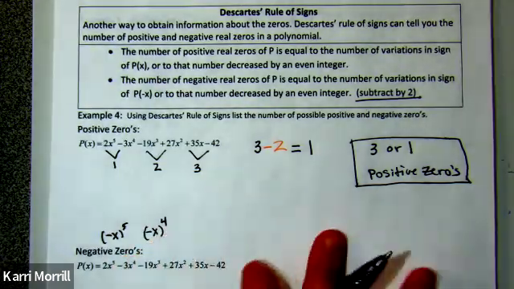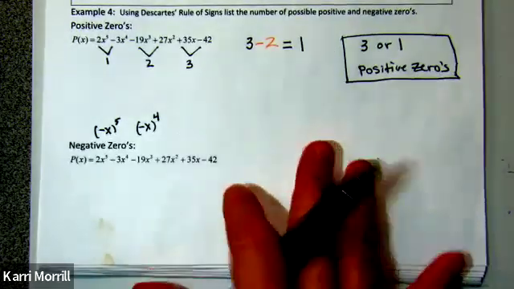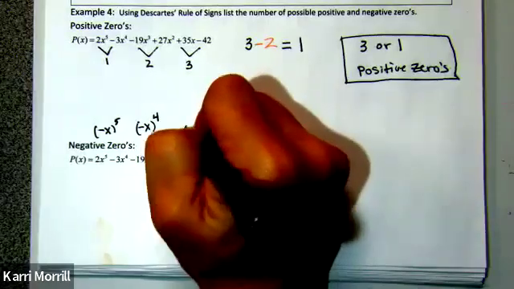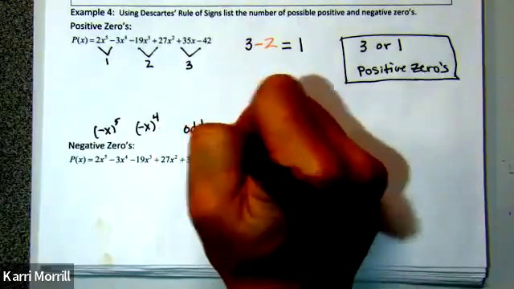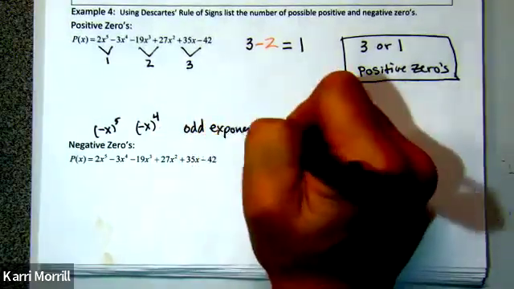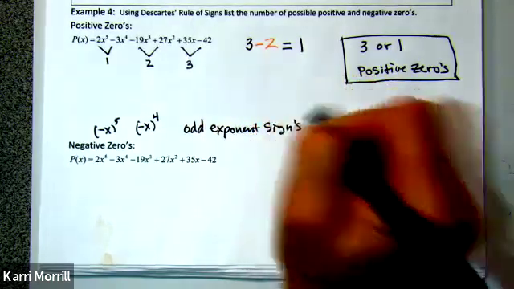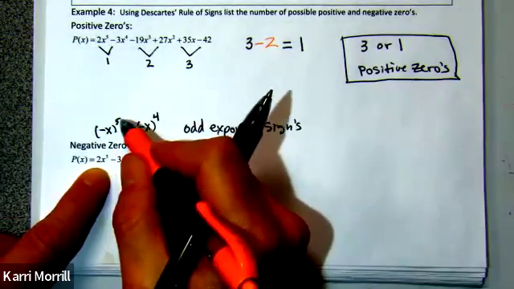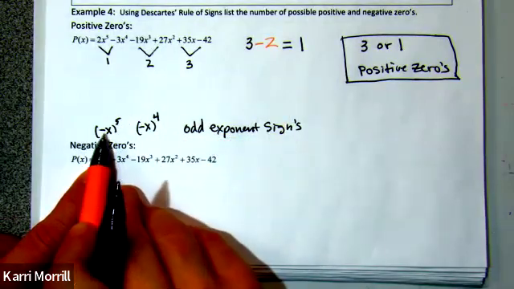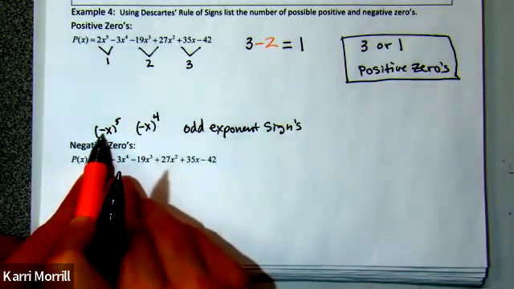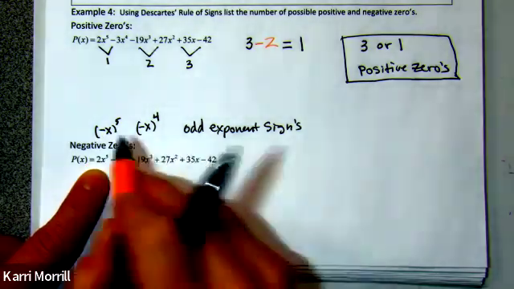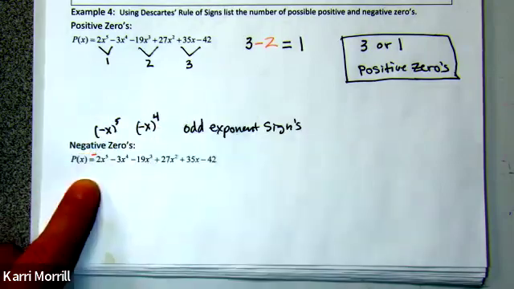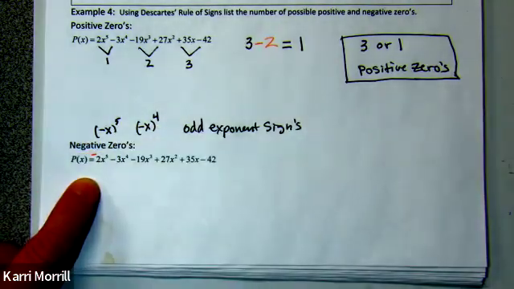So really the easiest way to describe this is to just change the signs of all the odd exponent terms. If this is a positive, and I change that to a negative, the whole term ends up changing its sign.